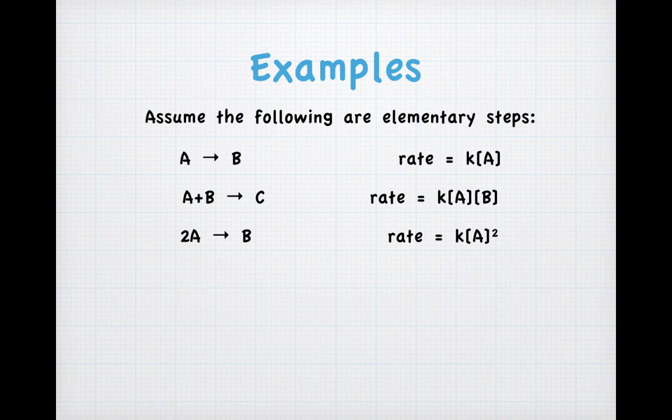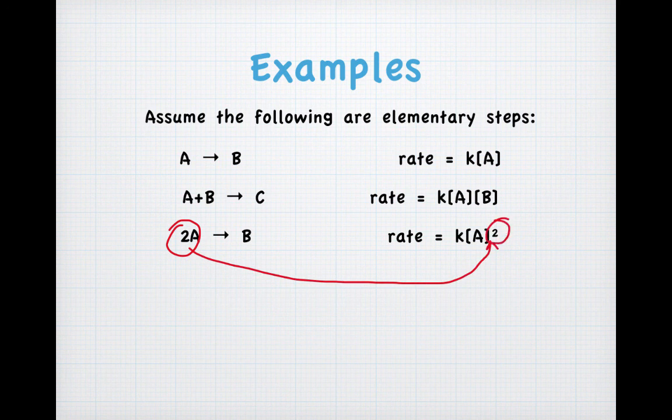So technically the exponents for the concentrations of A and B are also 1. And then for that third one, where we have 2A going to B, we say that the rate is equal to k times concentration of A squared. And again, that one is squared because of the 2 here that corresponds to that exponent there.